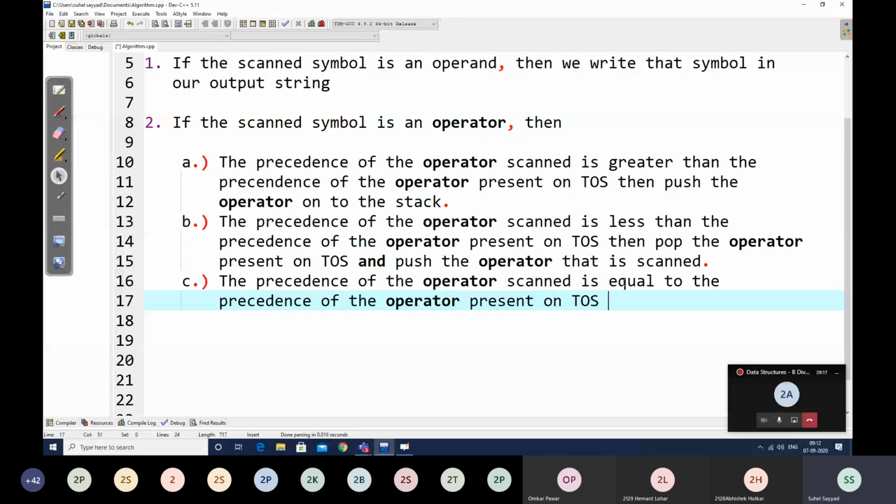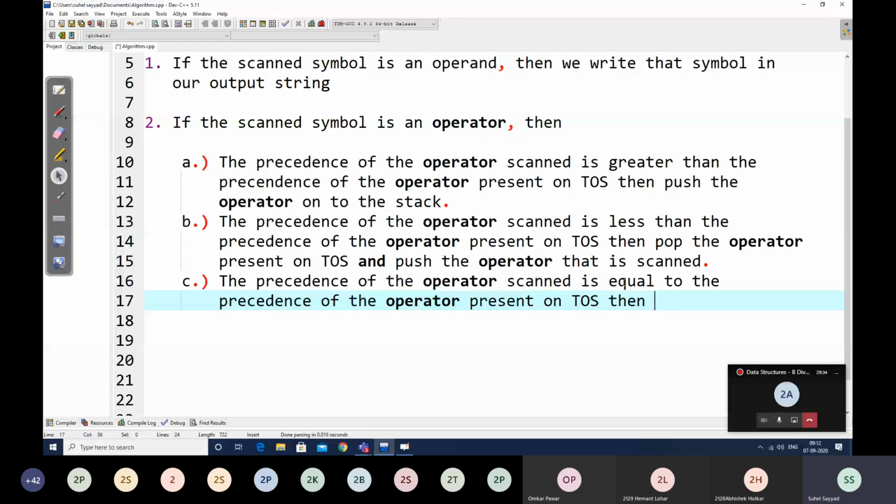I'll give you an example. Suppose you are scanning minus, and suppose minus is only there on your top of stack. So both are having equal precedence.